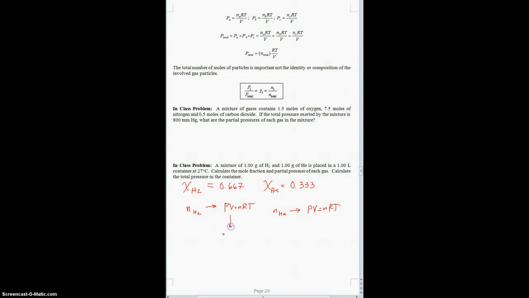When you do that, your pressure for H2 should be 12.3 atmospheres, and then your pressure for helium should be 6.15 atmospheres. Then you can just add those together to find the total pressure, which should be 18.45 atmospheres. So a few steps involved there, but nothing really different than what we've been doing.